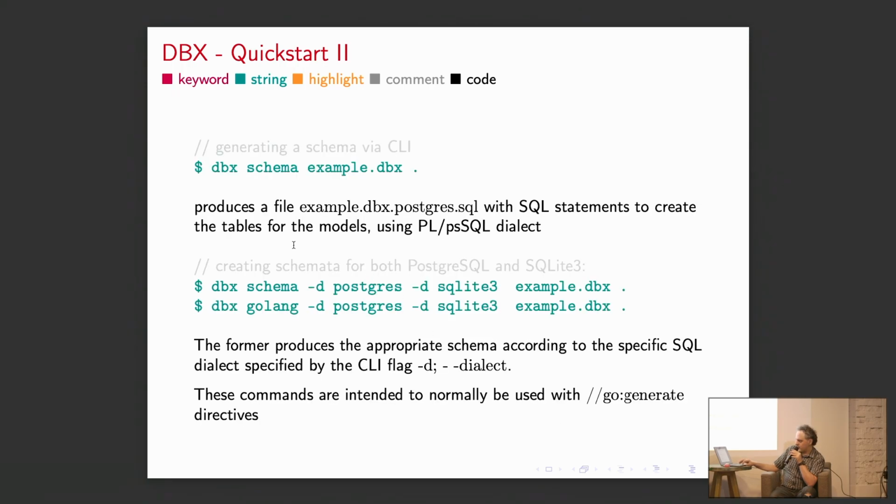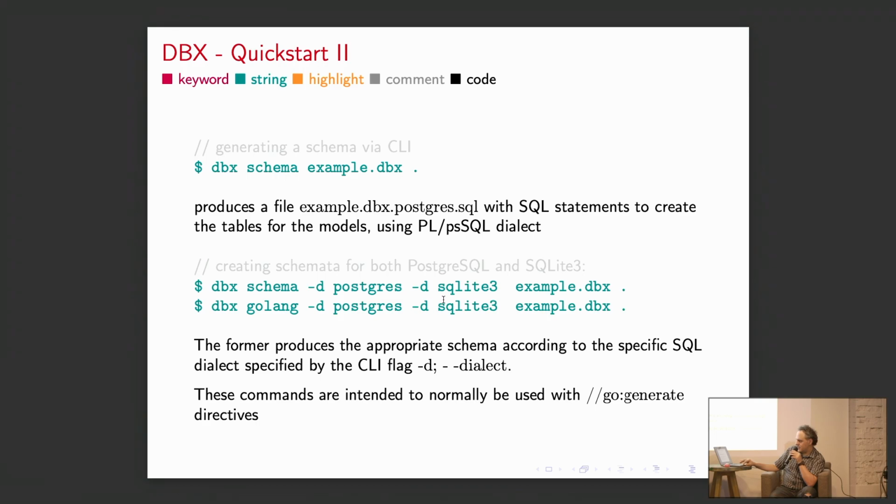So, for example, here you can generate a schema using the command line. So you have dbx schema, and then you use the same file created before, example.dbx, and it produces a file example.dbx.postgres.sql with SQL statements to create the tables for the models, using the above-mentioned procedural language dialect from PostgreSQL. And here is another example. You are creating schemata for both PostgreSQL and SQLite 3, and you see the invocation is exactly the same.